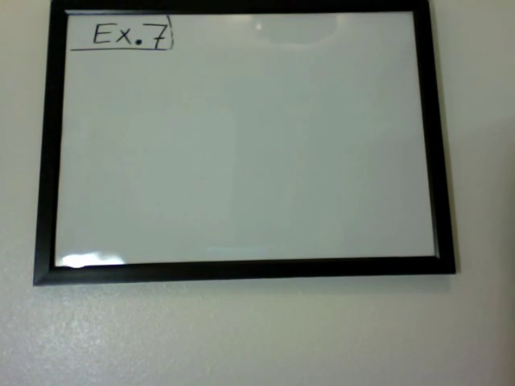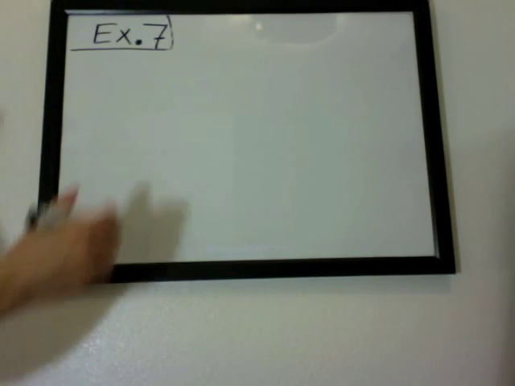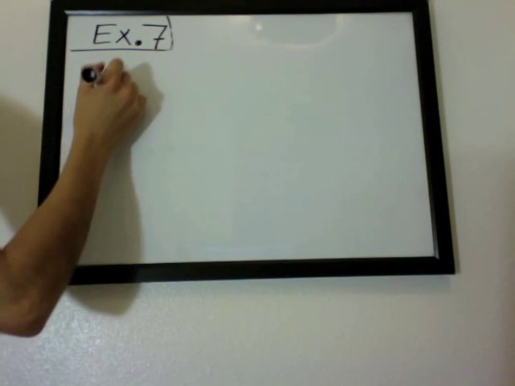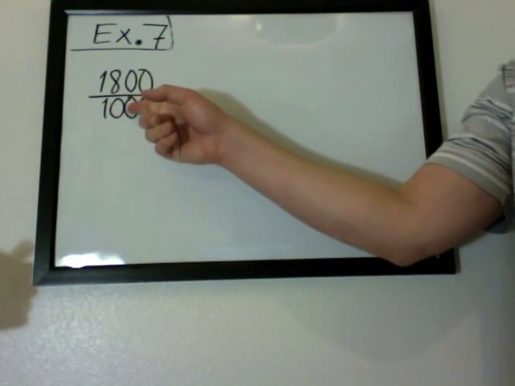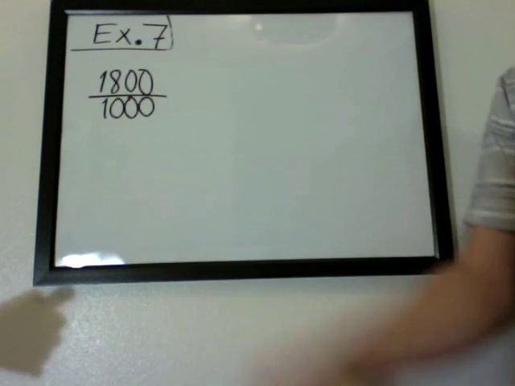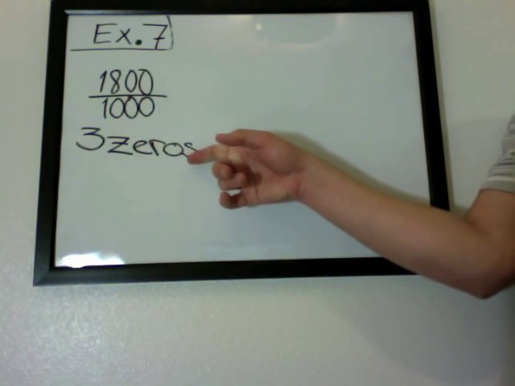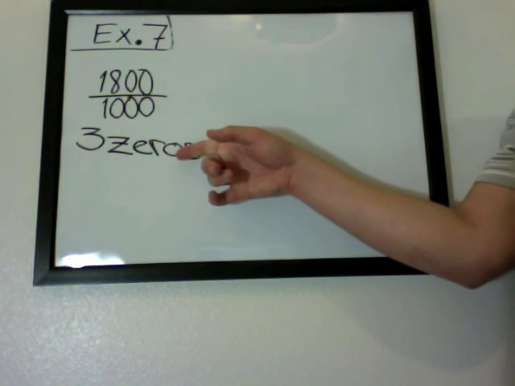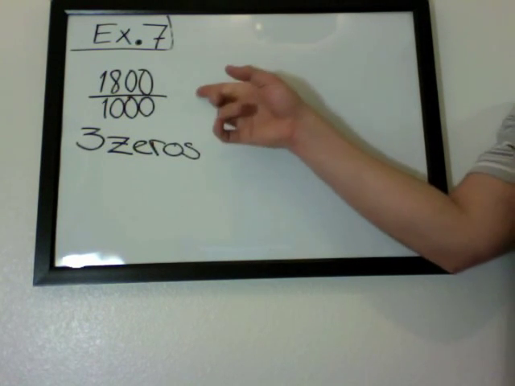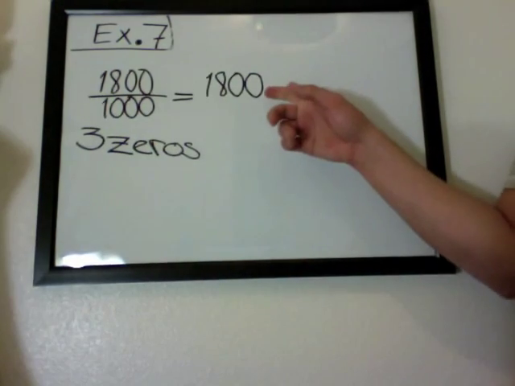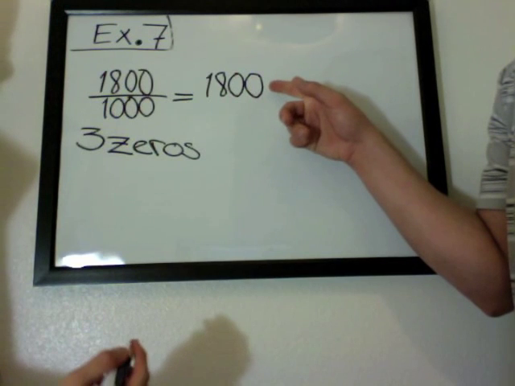Example number 7. Say we have 1800 over 1000. We just count the 3 zeros on the bottom, and this will tell us how many decimal places we're going to need to move this over. So this would be equal to 1800. And the decimal place in these whole numbers is always at the very end.